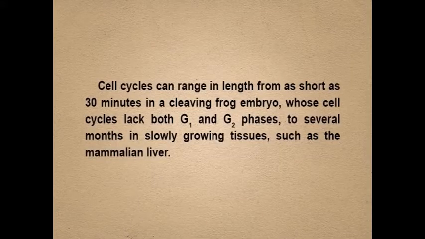Cell cycles can range in length from as short as 30 minutes in a cleaving frog embryo, whose cell cycles lack both G1 and G2 phases, to several months in slowly growing tissues such as the mammalian liver.